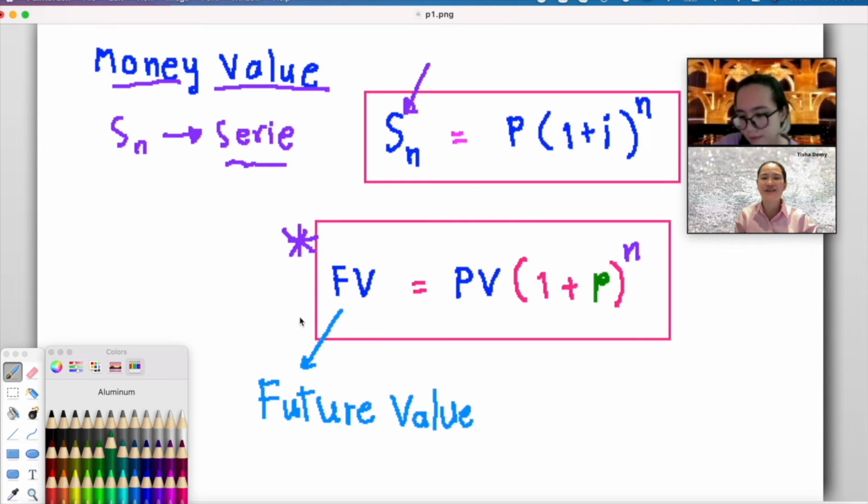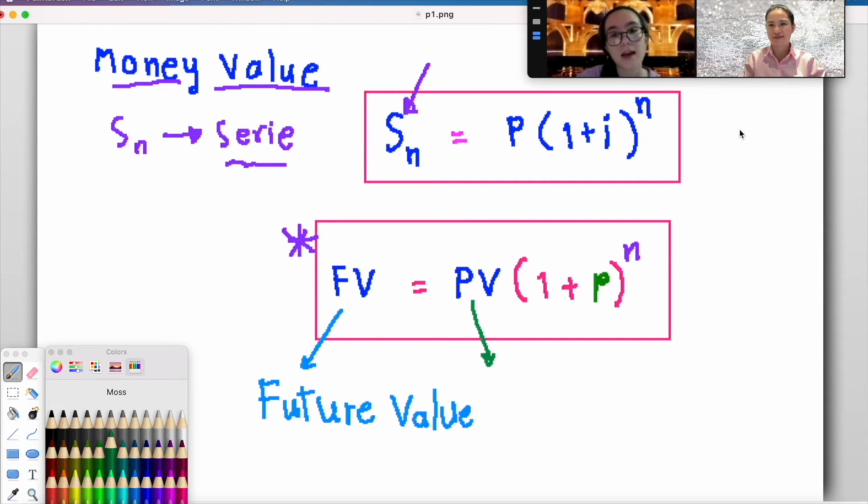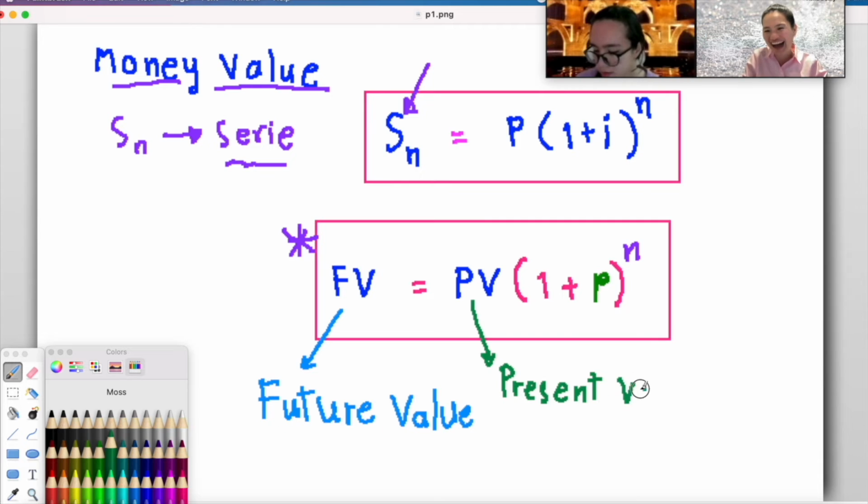Next one, Jasmine is going to help me as well. Jasmine, what is PV? Present value. Very good. Present value. So what does it mean? What does present mean? Present means now.